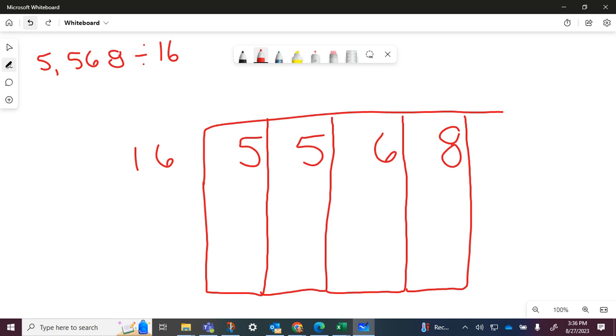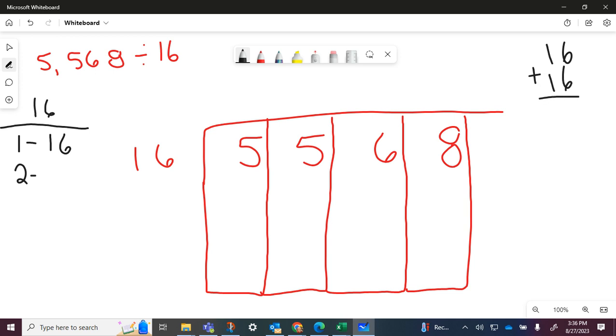All right, the next thing we're going to do is set up a multiplication table, and this is going to be my groups of 16. So I'm just going to put 16 over here. I know that if I have one group of 16, that would just be 16. And then if I go to a second group, all I'm doing is adding another group of 16.